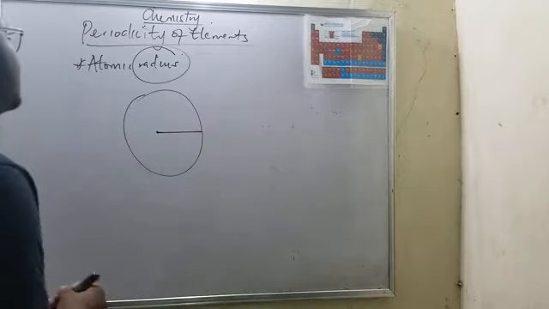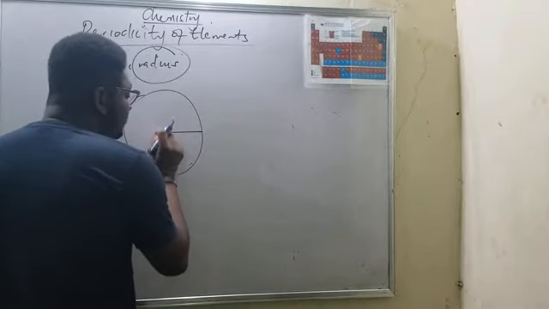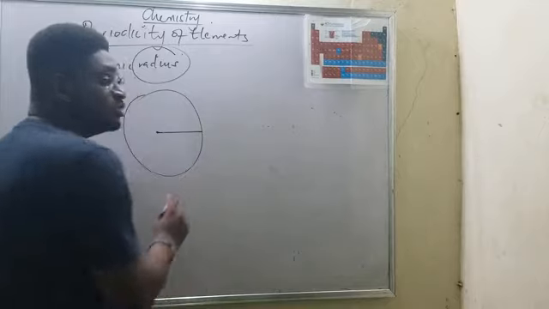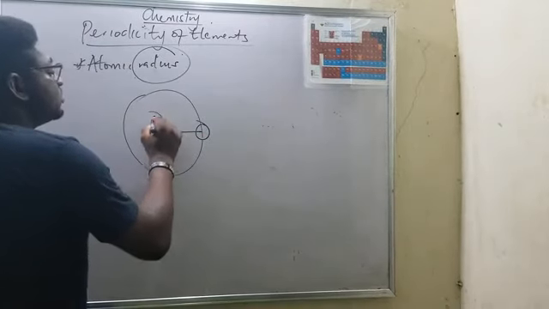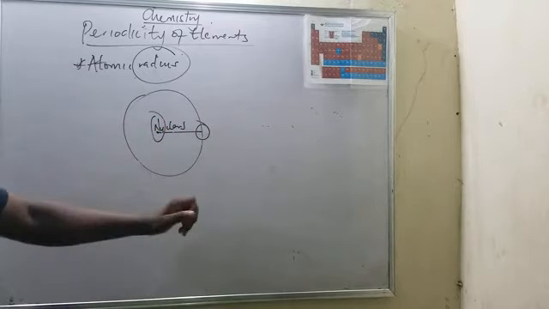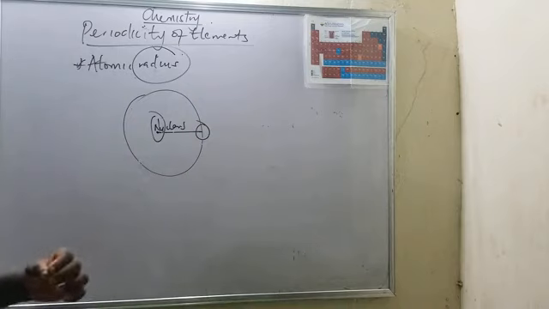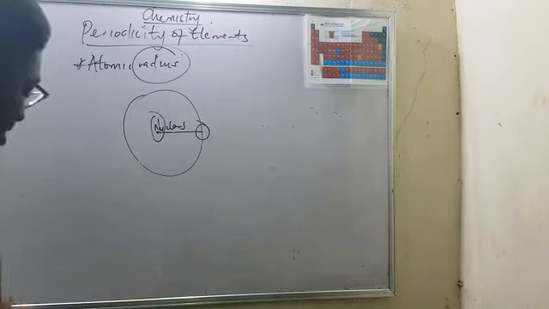So when we say atomic radius, we are referring to the distance from the nucleus of an atom to the external electron, the electron on the outermost shell of that atom. That's what we are talking about when we talk of atomic radius.